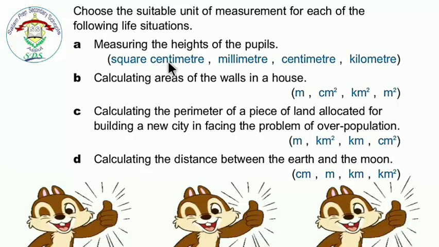Square centimeter is not required because it's used for units of area. Millimeter is a unit to measure very small objects. Take care, millimeter is a unit of length.